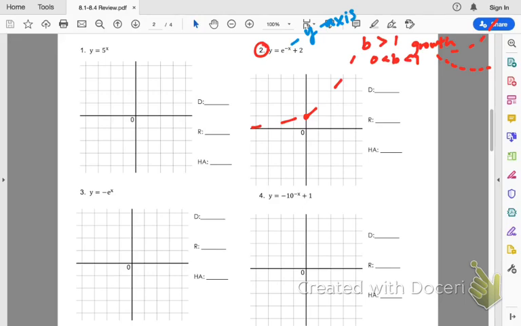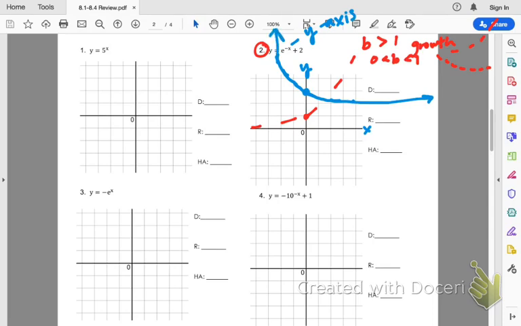and then I'm going to go up 2. So I flip the y-axis, and if you need to, label your x and y. Flip the y-axis and then go up 2. So I will be up here, just like that.